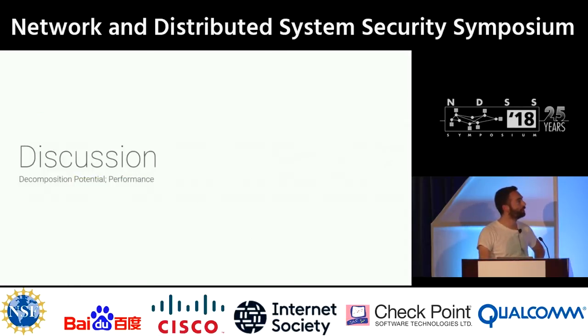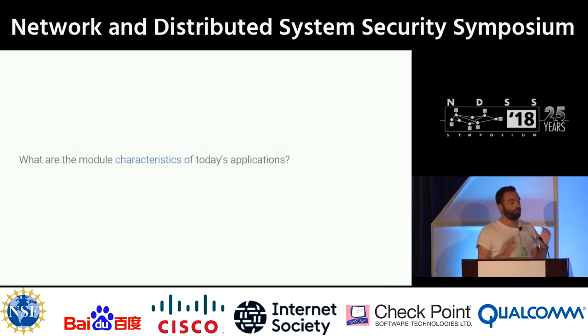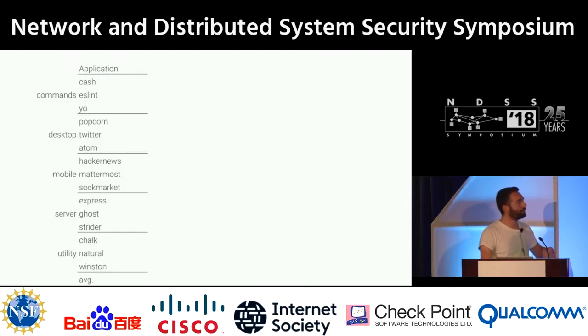Okay? So now I want to discuss a couple of points. There's more evaluation and results in the paper. The idea that I just described here is predicated upon the hypothesis that applications today make extensive use of third-party modules. Is this true? I mean, it is. Several talks yesterday described that.